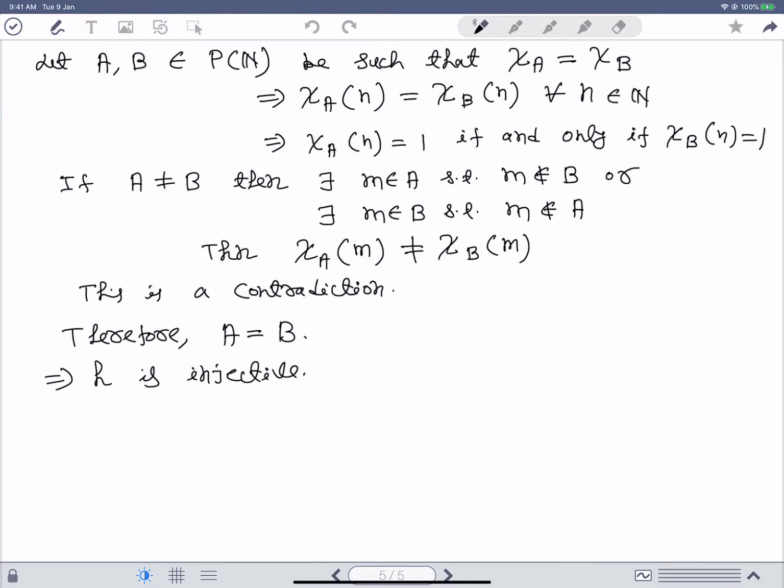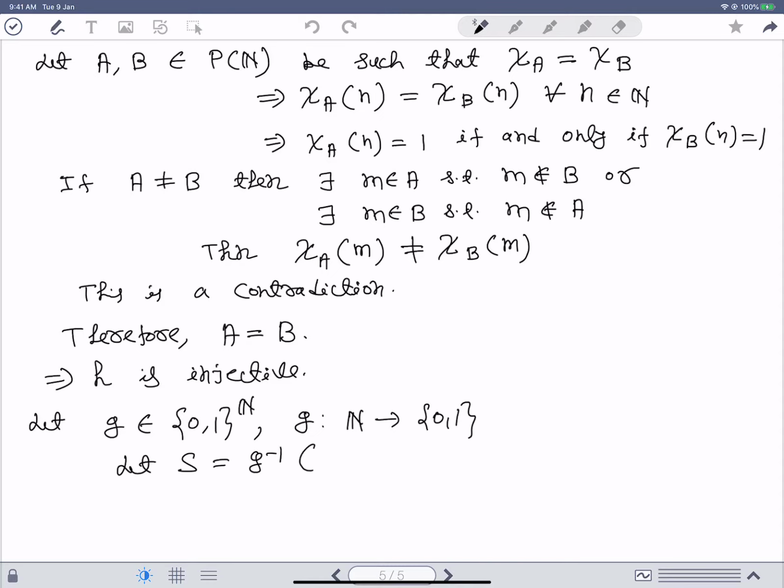Now first of all, we assume one point, say g, belongs to this set. That means g is a function from n to {0,1}. Now let S equal g inverse of the singleton 1.